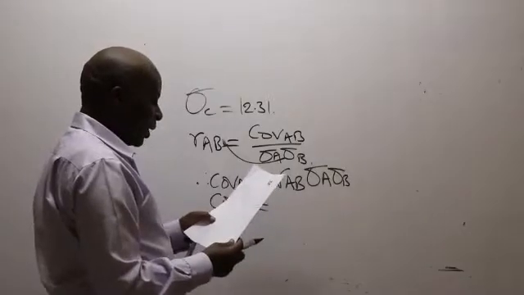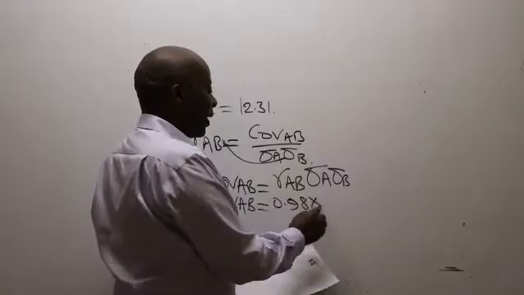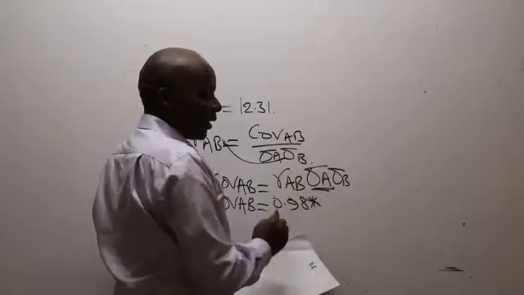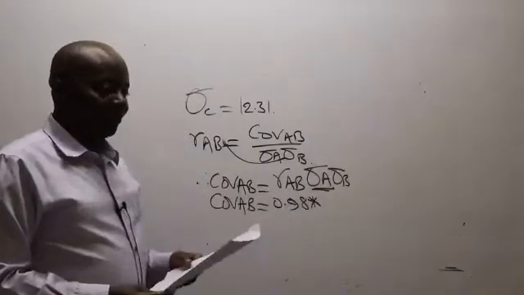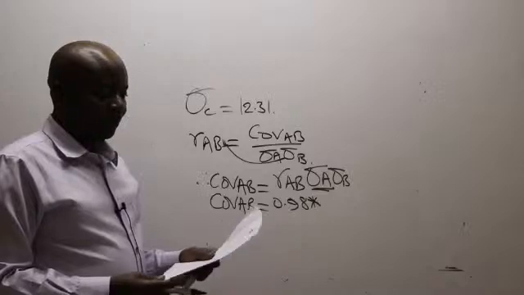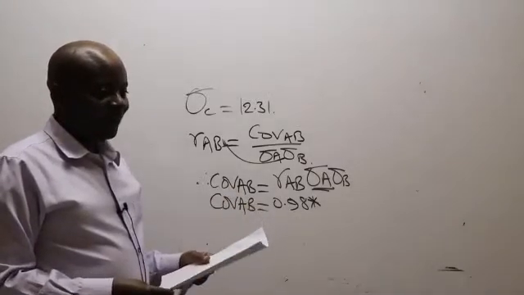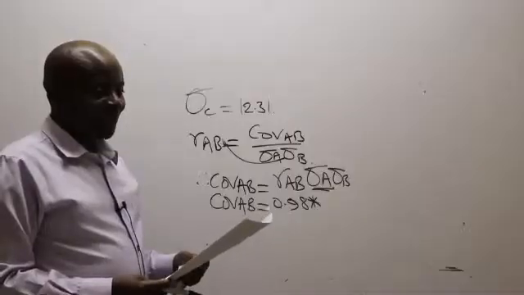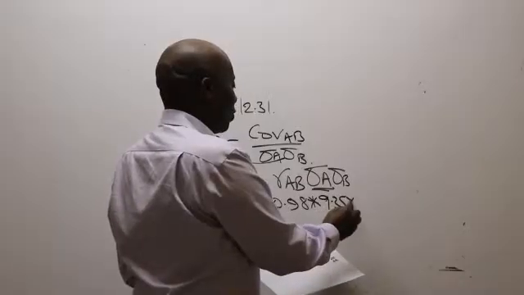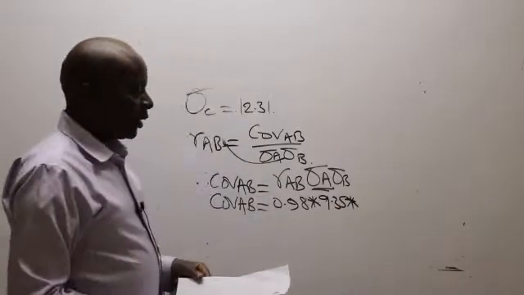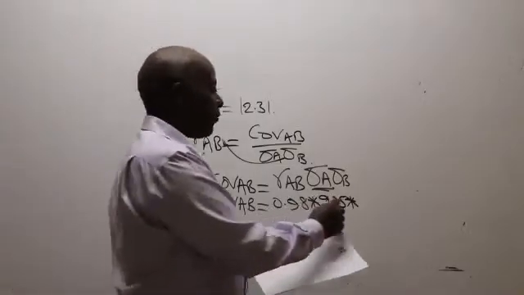So the covariance between AB: I can see the correlation is 0.98. Do you guys remember the standard deviation of A? 9.35. Thank you very much. How about the standard deviation of B? 15.14.